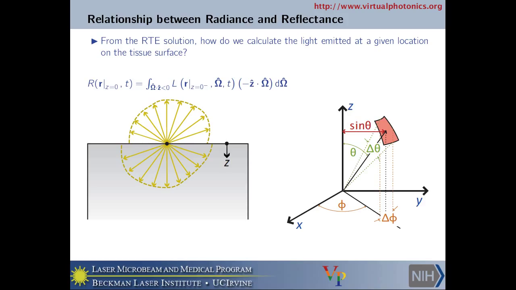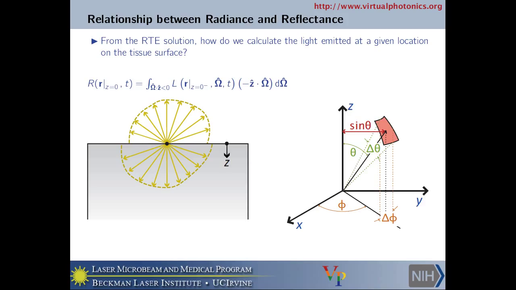And so I've introduced intentionally a discontinuity in the magnitude of this radiance, because that's what happens. And we'll consider the boundary conditions a little later. But when you're looking at a reflectance or an irradiance at the surface, you're interested only in what's happening at z equals 0 in this case, and you're interested only in the light that's traveling upwards.